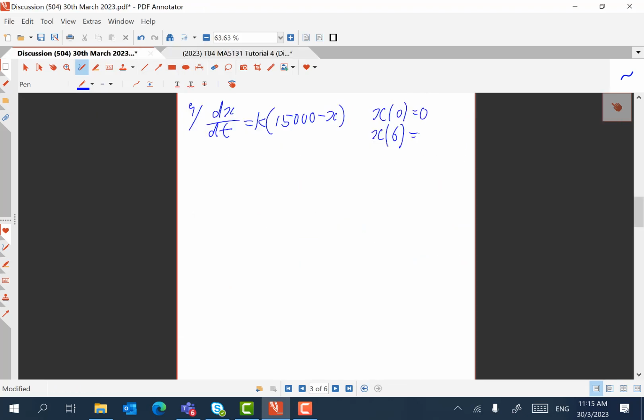Now you are required to solve this DE. If you solve this DE, you check whether or not you get the same DE as me.